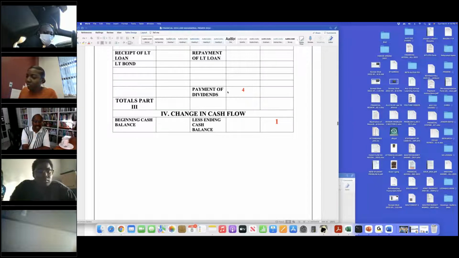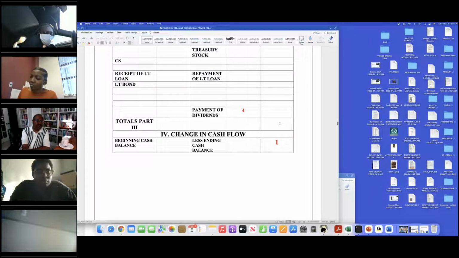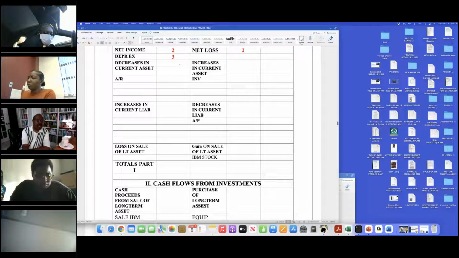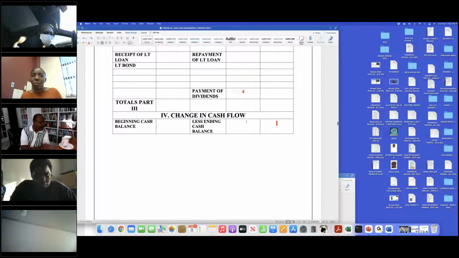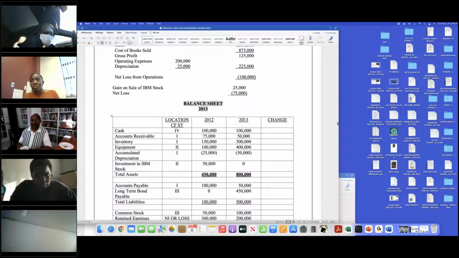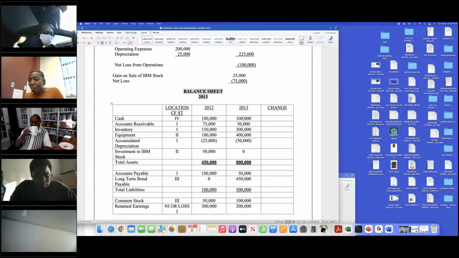Put in the change in cash flow, put in the net income, or loss, the depreciation, and dividends. I want you to do those 4 things for me. So if you're lost and confused, that's fine. Just go and do those 4 things and you got a C.